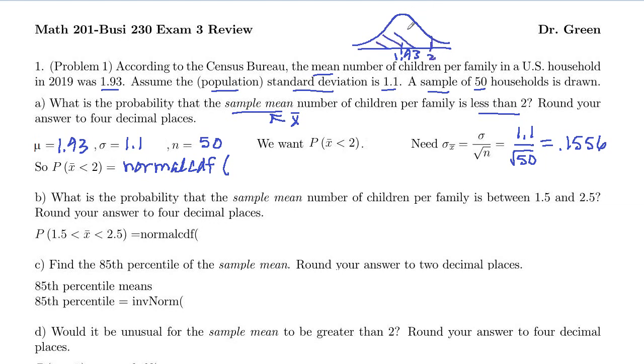So this area here. So our lower cutoff is going to be negative infinity. We could use negative 10,000, just a big negative number. Our upper cutoff is the 2. And then we need to put in our mean and standard deviation, 1.93, and then our 0.1556. So don't use the 1.1 because you get the wrong answer.